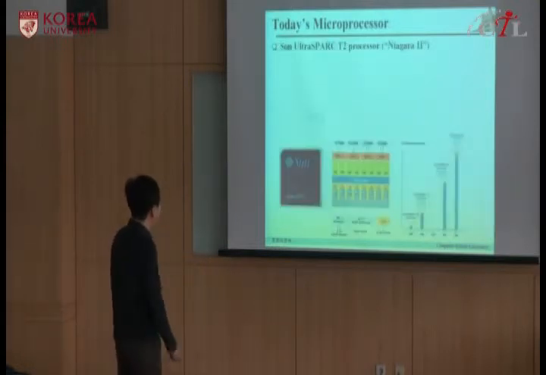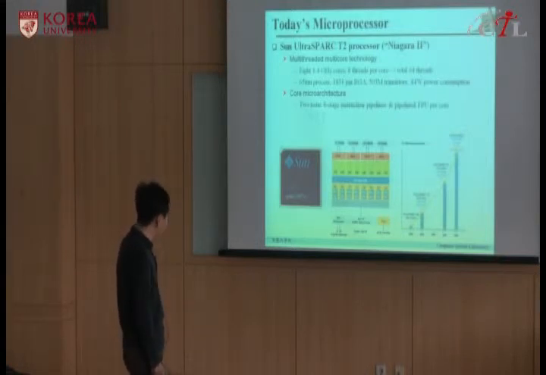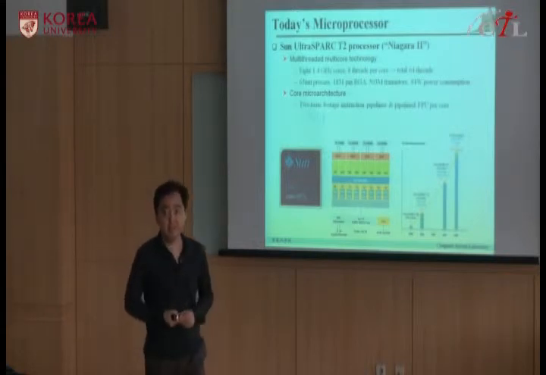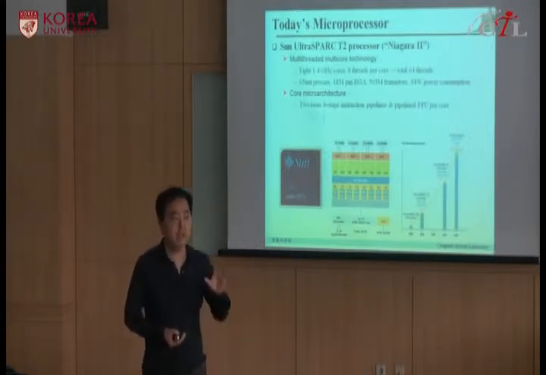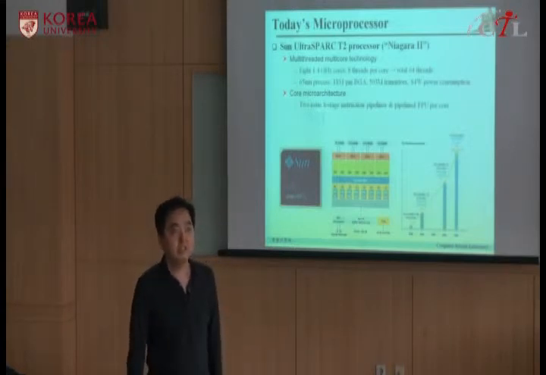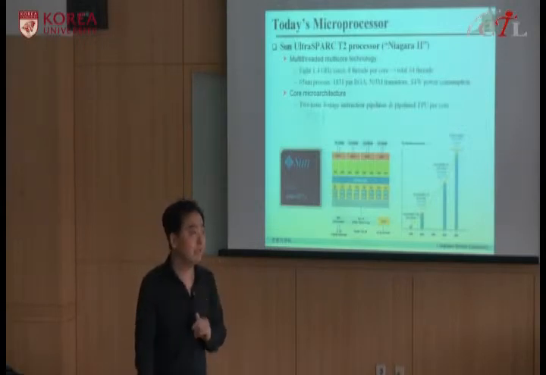Okay, and another example is SPARC from Sun Microsystems. This was T2. In a single chip, it has 8 cores. Each core runs at 1.4 gigahertz, and each core is 8-way multi-threaded. So each core has 8 program counters. You have 8 cores, so you have 64 threads or 64 program counters running every cycle.